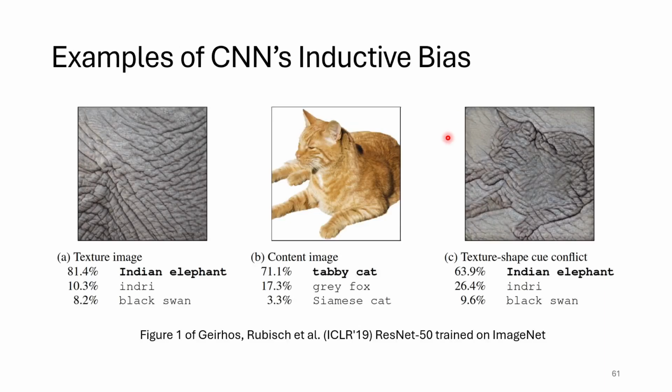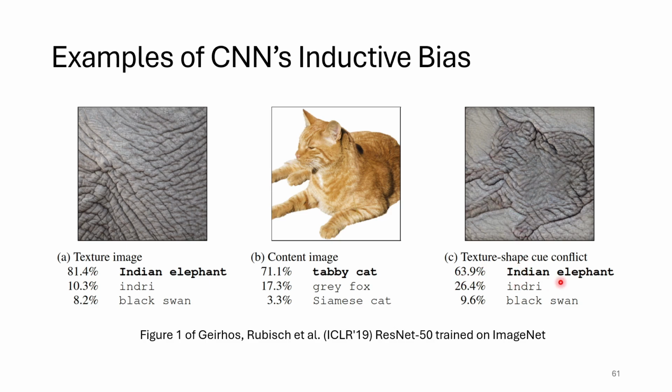In fact, some researchers, very early, for example in 2019, found the problem already. That's the way they proved it. This is the skin of an elephant, and this is an object of a cat. They combine the two images into this one, and they ask a CNN-based method what class this image should belong to. The CNN-based method will say, "Oh, this is an elephant."